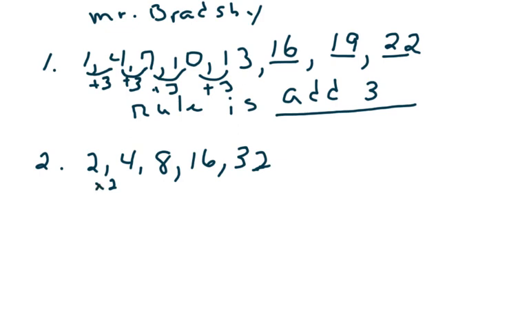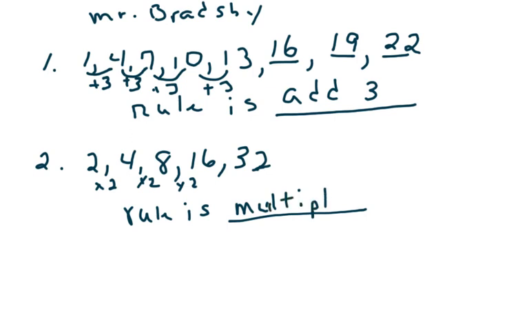Okay, 2 times 4 is 8. 2 times 8 is 16. 2 times 16 is 32. So our rule is multiply by 2.